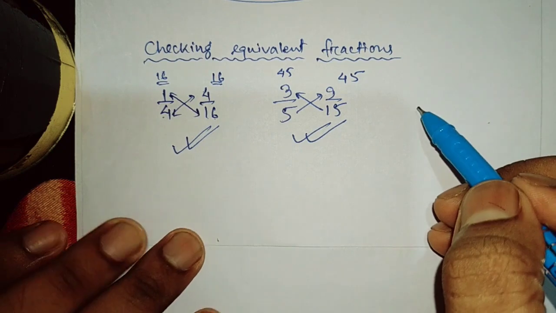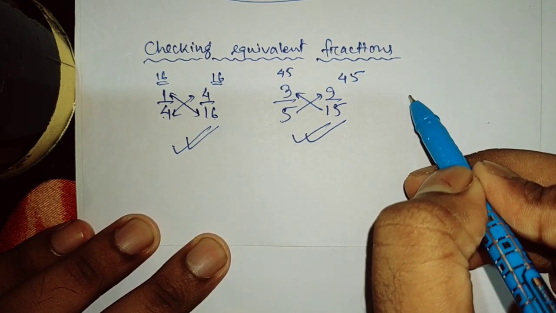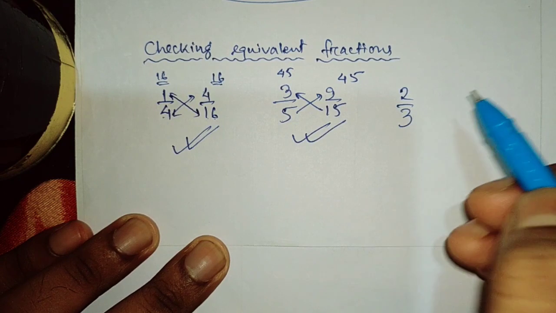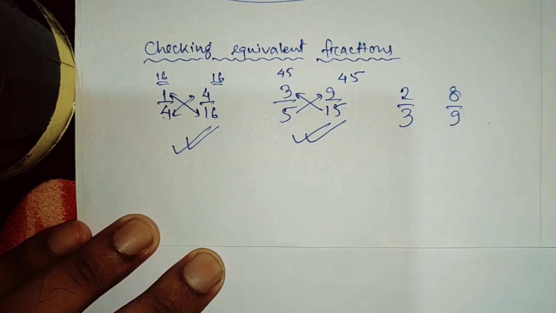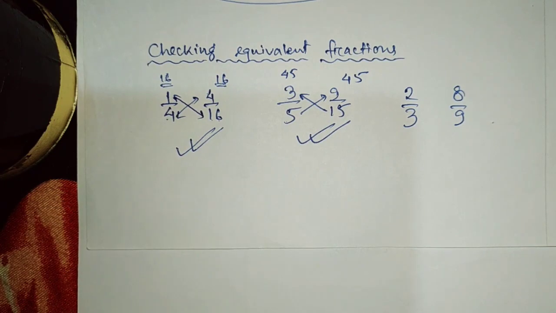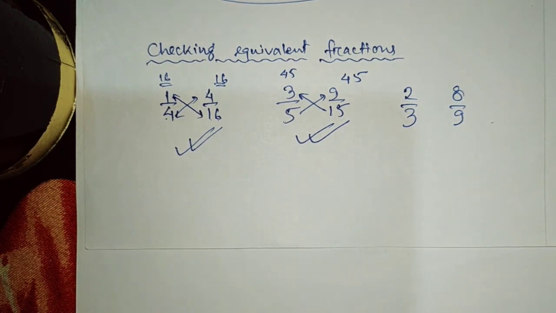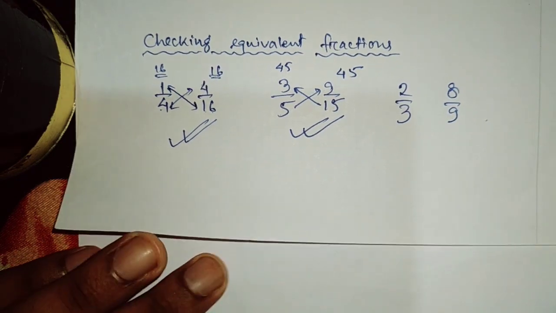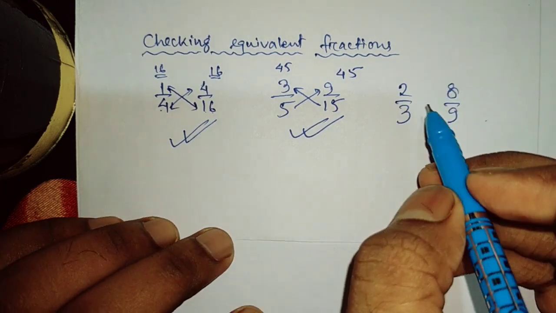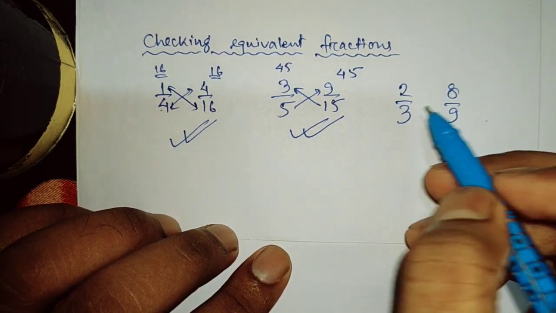Okay, let's take another example. Say we have 2 by 3 and 8 by 9. Are they equivalent fractions? Pause the video and try it yourself, then continue. I hope you have tried and got your answers. Let's see whether it is an equivalent fraction or not.